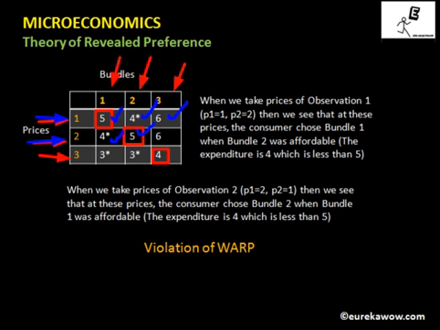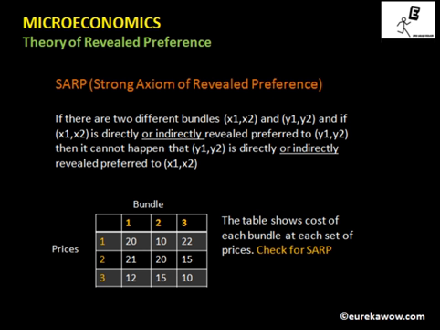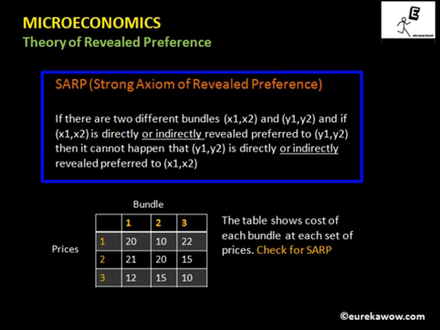Now we will look into a stronger axiom of revealed preference and see what it states. The strong axiom of revealed preference states that if there are two bundles, say x1, x2 and y1, y2, and if x1, x2 is directly or indirectly revealed preferred to y1, y2. So it can either be directly revealed preferred or it can be indirectly revealed preferred also. In the weak axiom of revealed preference, it was only directly revealed preferred.